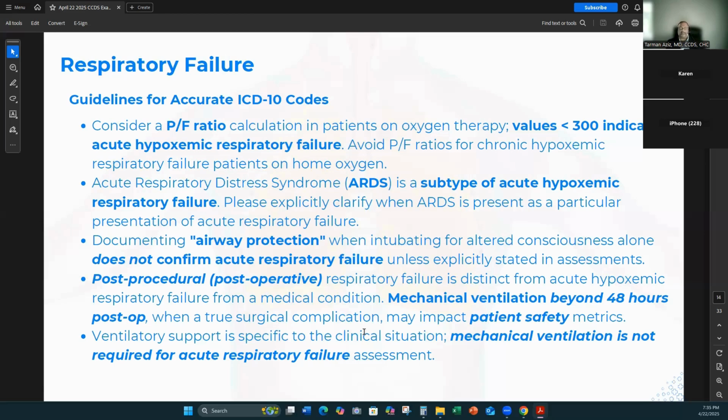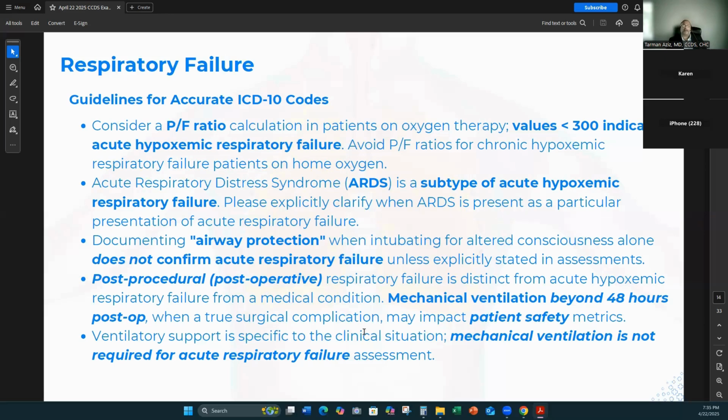Again, a testable concept. So too is the idea that post-procedural or post-op respiratory failure is an important patient safety metric, and triggers a patient safety indicator if it's truly there after a procedure and it could have been avoided. Mechanical ventilation beyond 48 hours post-op, when you need the ventilator longer than 48 hours, can be the sign of a post-op or post-procedural respiratory failure.